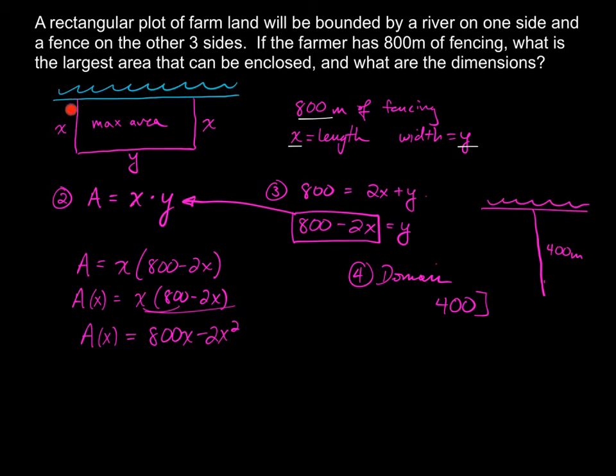That's the shortest distance that could be here. But then that would give you a pen that looked like this. And again, there would be no area. That would just be a fence along the river. You wouldn't be able to grow anything in there. You wouldn't be able to put any animals in that area. It just doesn't make any sense, but that's the minimum it could be. So hopefully we find a number between 0 and 400.